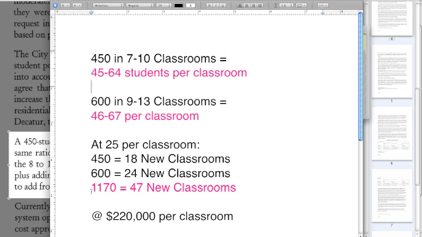And 1,170 new students would be 47 new classrooms, at $220,000 plus ancillary services apiece. Now, just to put this in a little bit of context, 47 new classrooms is roughly the equivalent of a new Oakhurst, Claremont, and Winona Park combined.